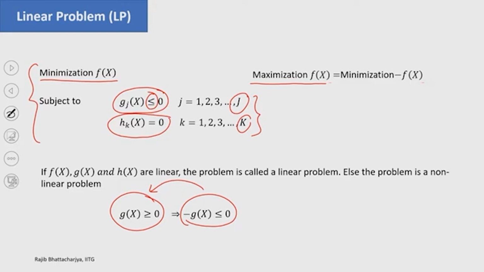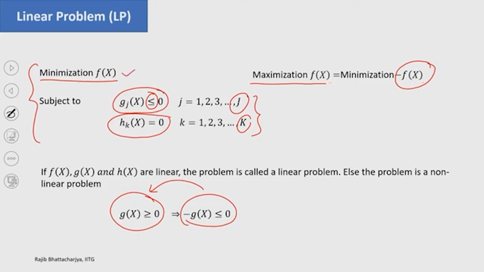I can convert a maximization problem to a minimization problem by multiplying by -1: maximization of f(x) is equal to minimization of minus f(x). Similarly, I can convert a minimization problem to a maximization problem.